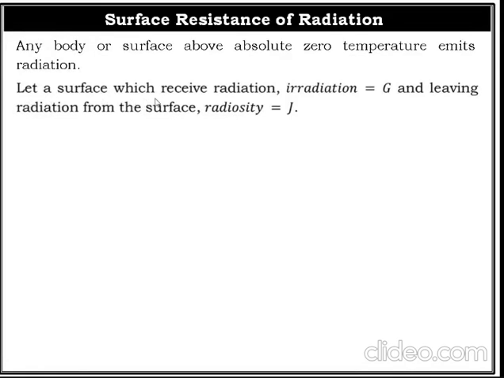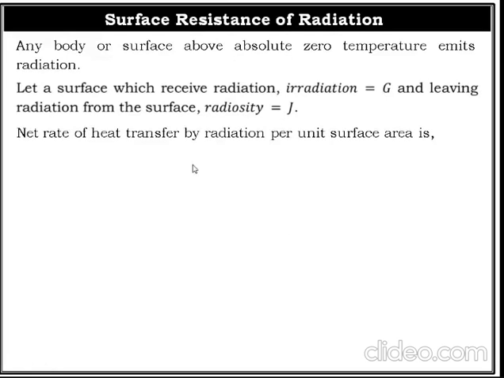Let the surface which receives radiation, that means irradiation, be G, and that surface leaving radiation from the outer surface, emitting as well as the reflecting part, is the radiosity, capital J. So that surface is receiving G amount of radiation and leaving J amount of radiation.